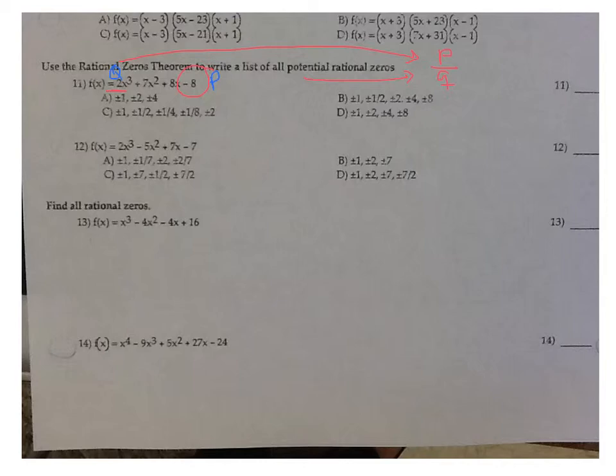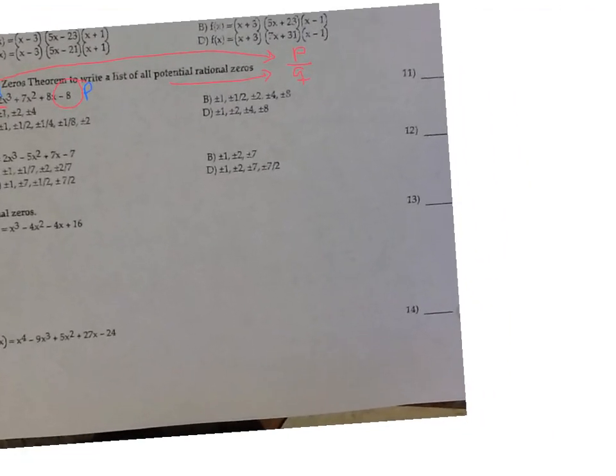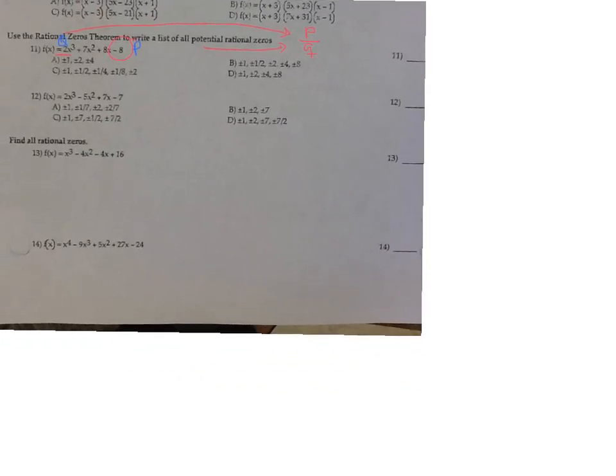Okay, so first we write the factors. Let me move it to the side over here. So for that problem, I'm going to say p over q. P is -8 and q is 2. So when you list all the potential zeros, first you get the factors of 8.